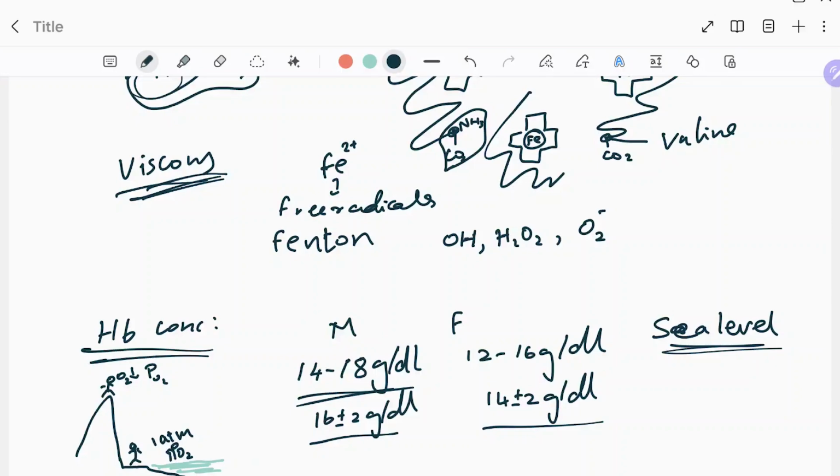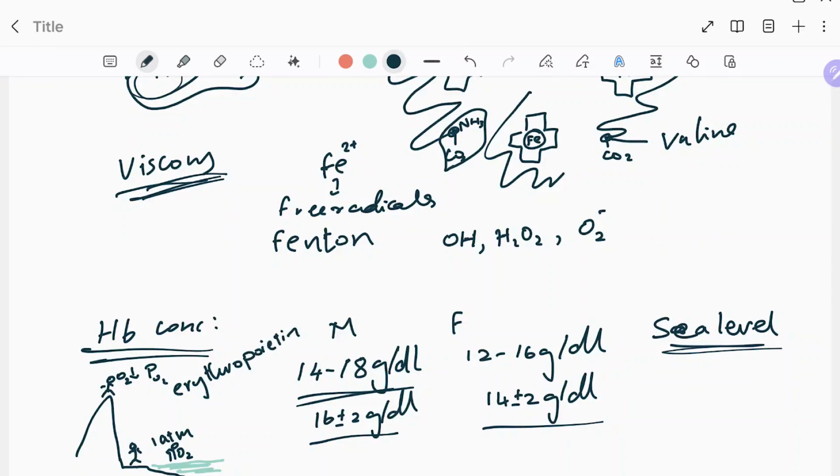People who are living in the mountains secrete a hormone that helps in making more red cells. That hormone is called erythropoietin. I'll be talking about it in great detail real soon now. Erythropoietin.